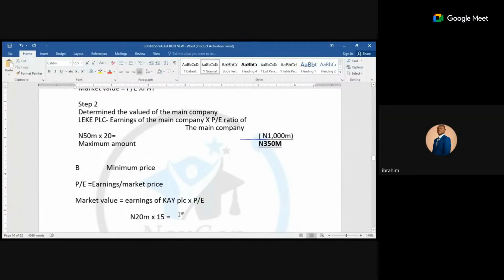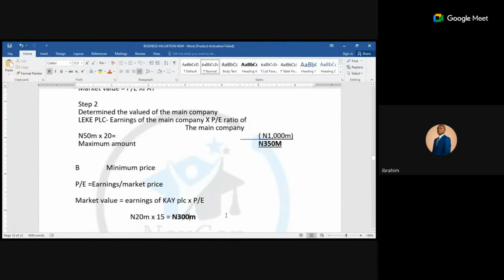300 naira million, right? So the minimum amount at which KPLC will be willing to accept is 300.